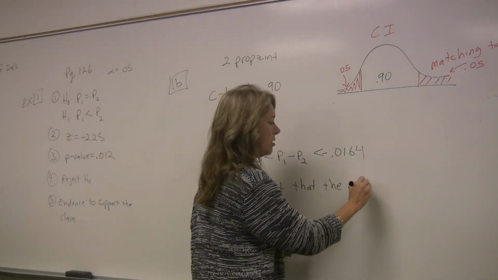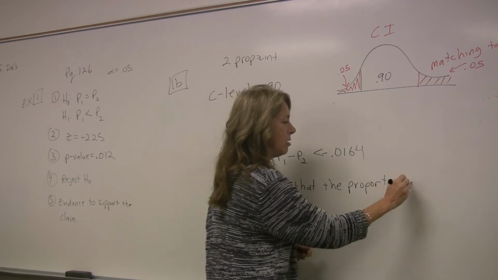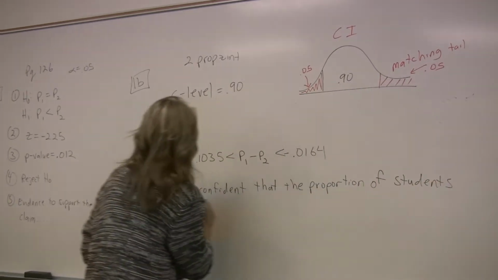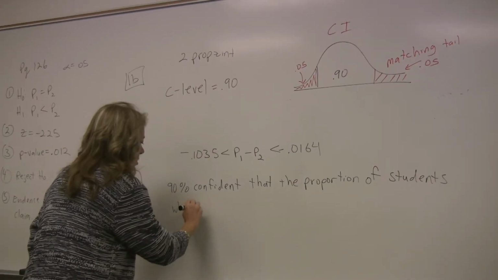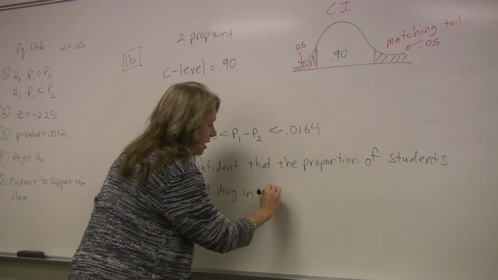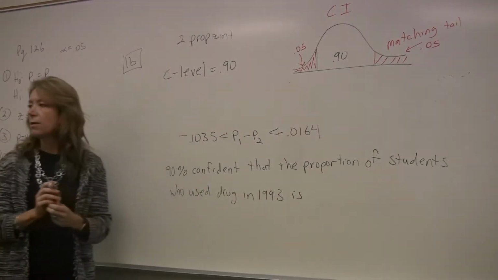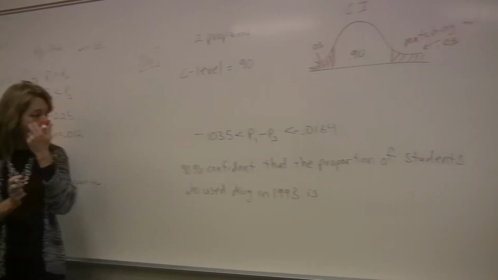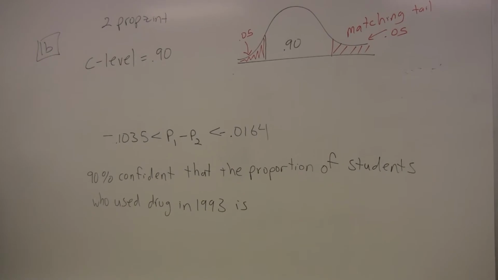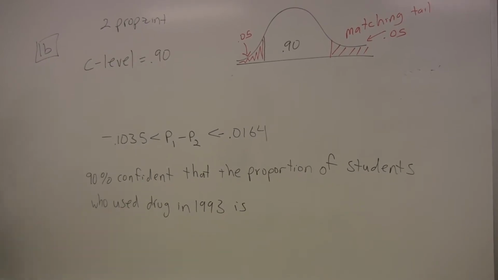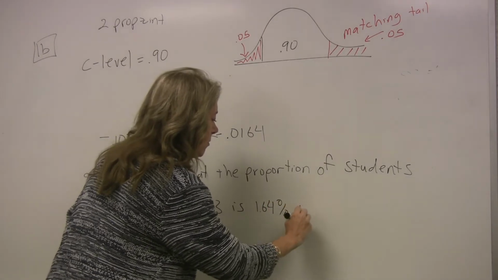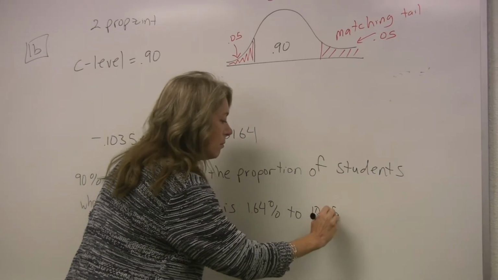That the proportion of students who use drugs in 1993 is, what could we say? I said it last time. Might have changed my words a little bit this time. Is 1.64% to 10.35% lower than it is now.